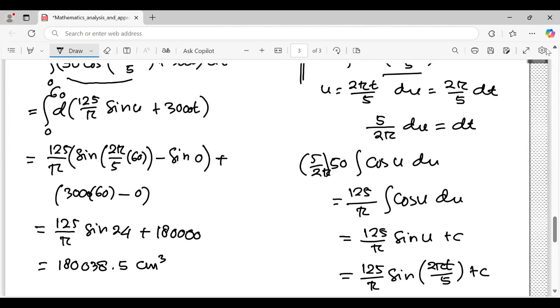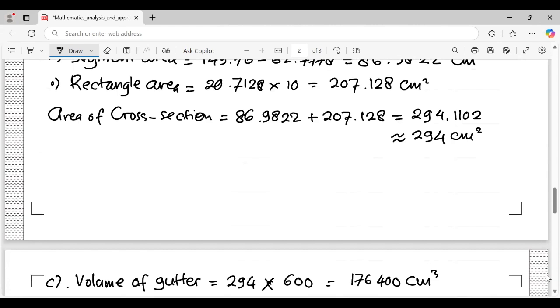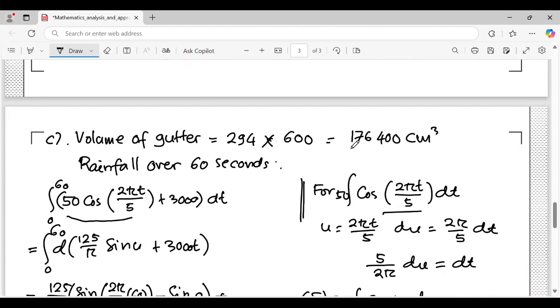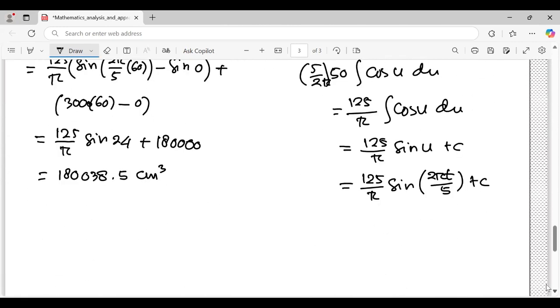Now we are going to compare with the volume of the gutter. This is the volume of the gutter, and the rainfall is this one.